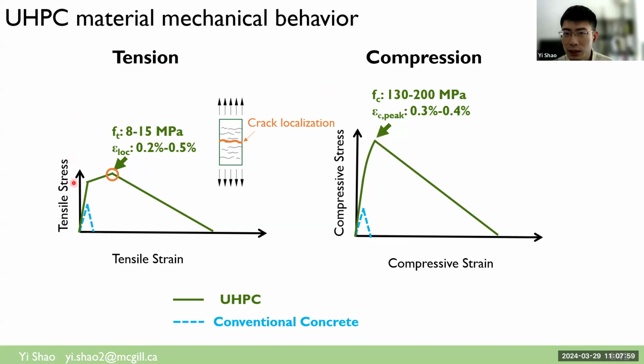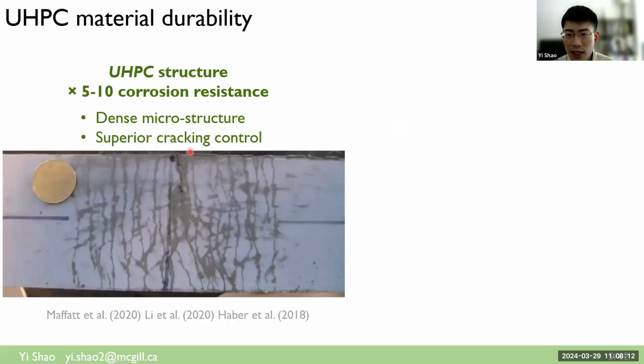So that's about the UHPC material mechanical behavior. It shows tensile strain hardening until crack localization, and shows high compressive strength as well as high compression toughness. And also because of the dense microstructure of UHPC due to the minimized porosity, as well as the superior cracking control due to the fiber bridging, UHPC is usually expected to show very high corrosion resistance compared to conventional concrete structure.